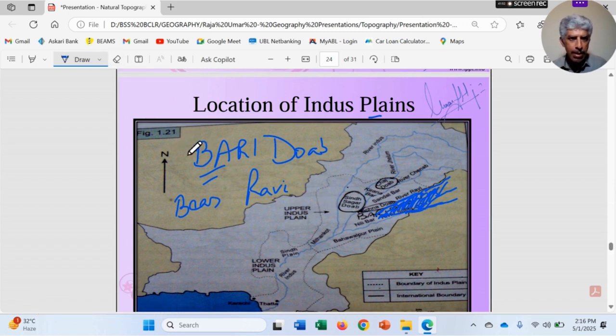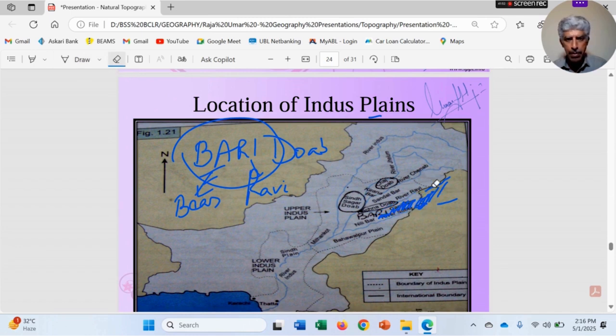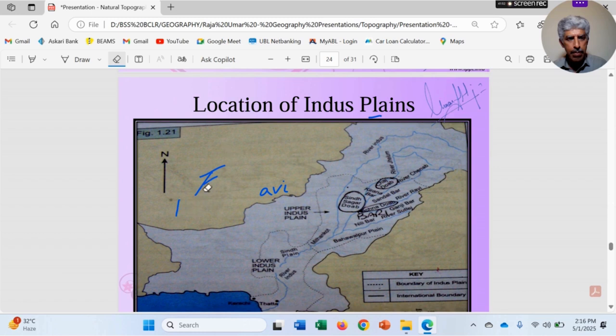For this reason, we call it Bari Doab, BA for Beas and RI for Ravi. So the names of the rivers make the name of the Doab.